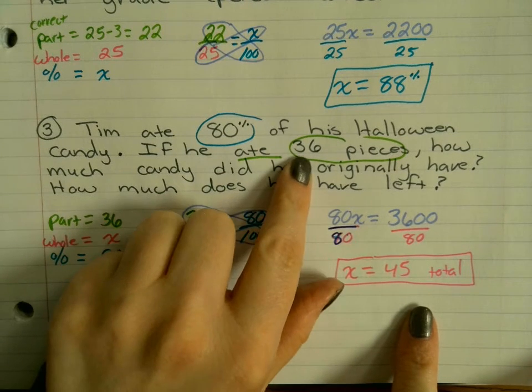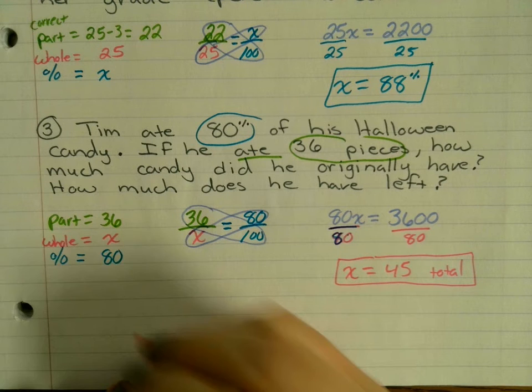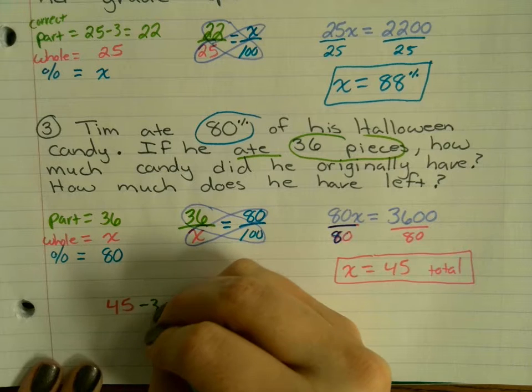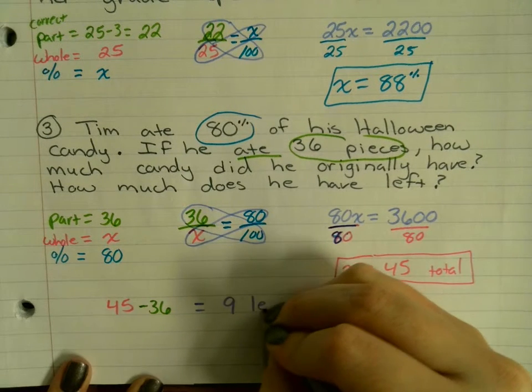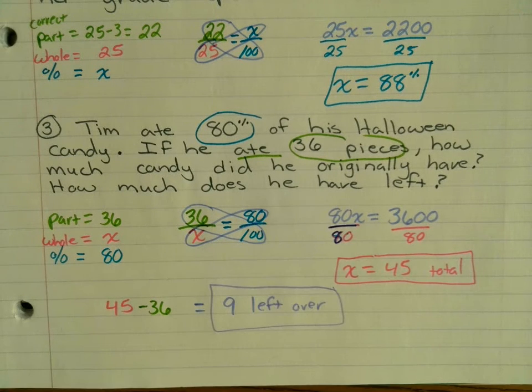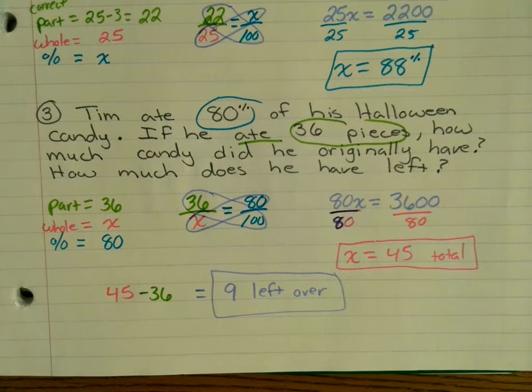So 45 minus the 36 will tell us how much candy does he still have left. Okay, so he's got 9 pieces left over. Any questions about that? 45 that he started with, 9 pieces that he's got left over. Okay.